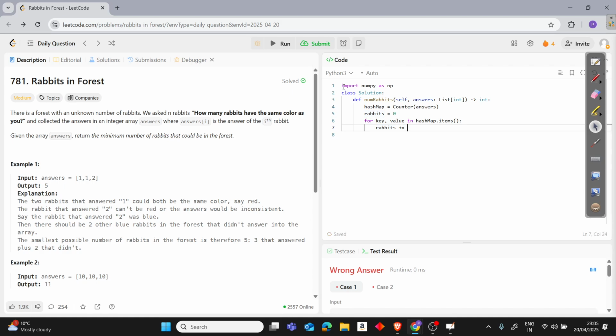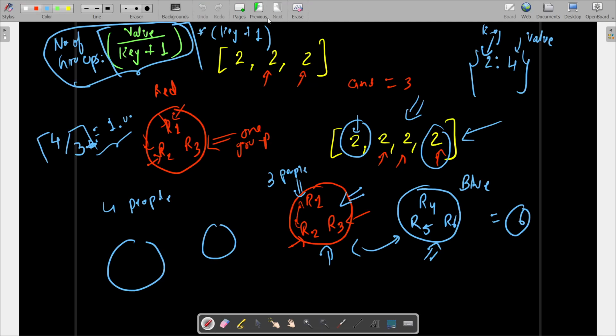So firstly it should be np.ceil function of what should be the numerator, again just check, should be the value, and the denominator should be key plus 1.